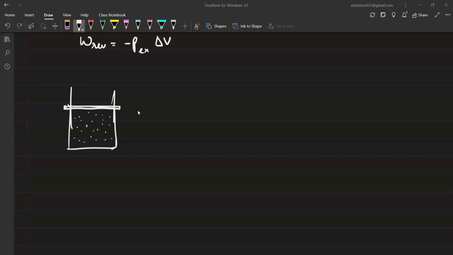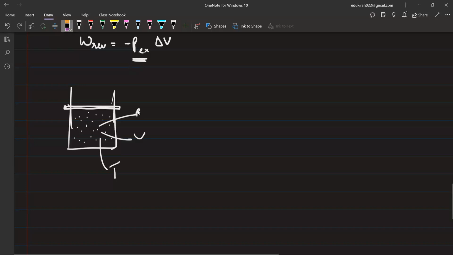If I want to talk about a state variable, state function or path function, whatever variables we talk about, we are talking about the system. What is the pressure of the system? What is the volume of the system? What is the temperature of the system? If we are only talking about the things inside the system, why do we have a formula in which we have P external? That is not very useful.